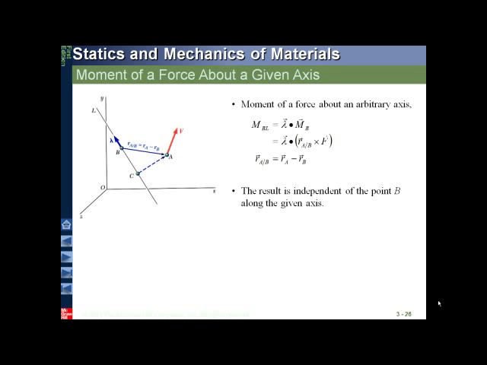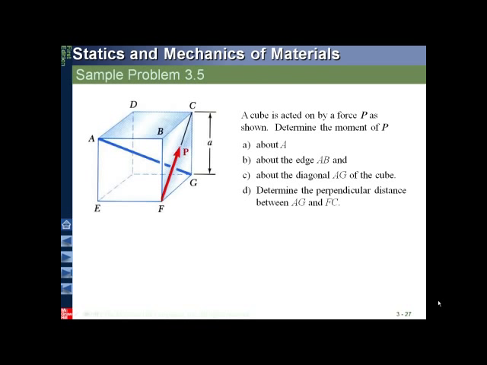I don't have to be at point B. I can be anywhere along this axis, and it's really independent of point B. As long as that position vector R, RAB or RA minus RB, is the same, you're going to end up with the same answer.